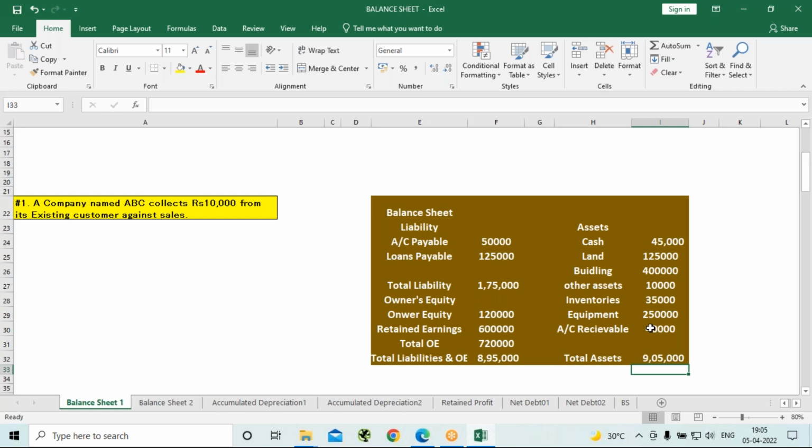One, we have made an effect in the cash value, and at the same time something else is going to have an effect, that is accounts receivable, because the customer was supposed to pay me back and I had recorded that value as an accounts receivable, which was not received until now. One customer has paid me back, so I have to reduce 10,000 from the 40,000. Okay, so now the balance sheet is balanced.